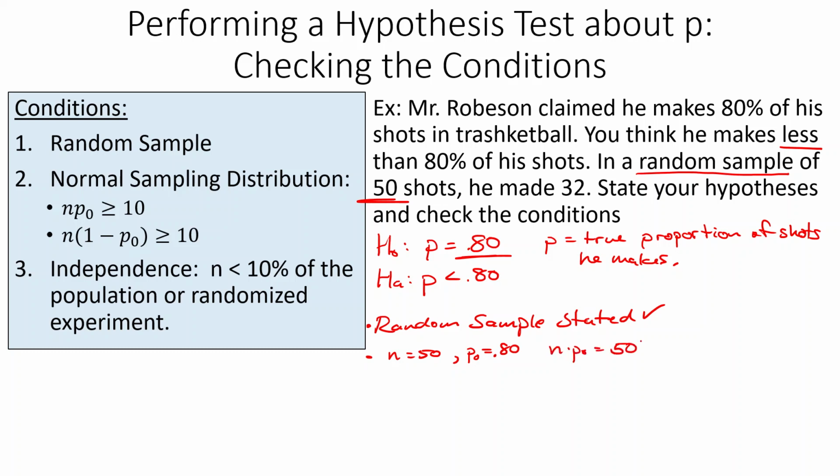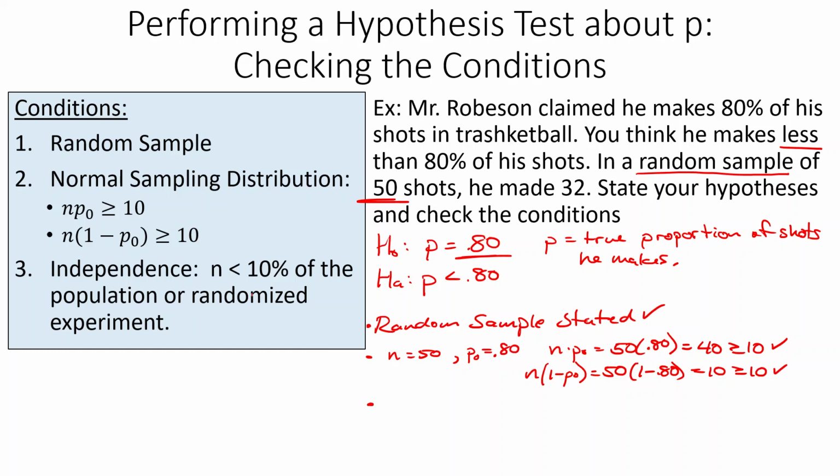So 50 times 0.80. 0.8 times 5 is 4, so 40. Is that greater than or equal to 10? Sure is. What about n times 1 minus p naught? That's 50 times 1 minus 0.80, which is 0.20, times 50 is exactly 10, which just makes the cut, because it's equal to 10. It works. If it was less than 10, we'd say no, and we would stop.